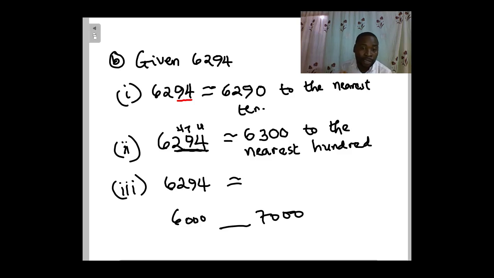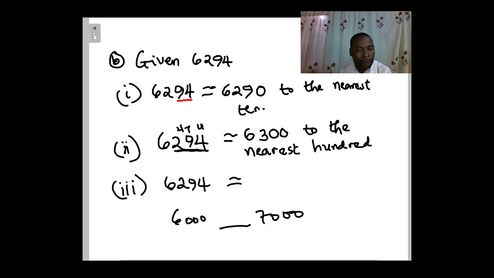If you are counting from 6,294 and you want to reach 7,000, and another person is counting backwards from 6,294 to 6,000, who is going to arrive faster? How many steps do you have left before you reach 7,000?